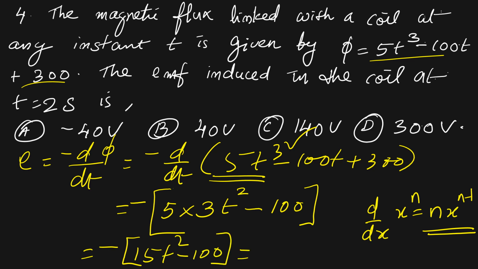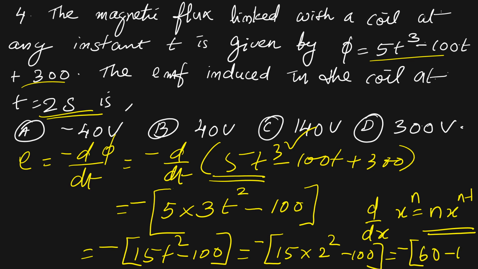Let us substitute the value of t, 2 second: minus 15 into 2 square minus 100. That is minus of 15 into 4, 60 minus 100. So when you calculate this, you will get 40 volt. So correct option is option B.